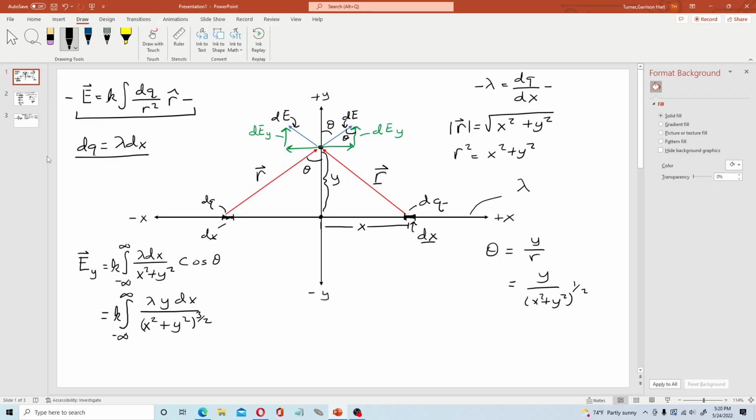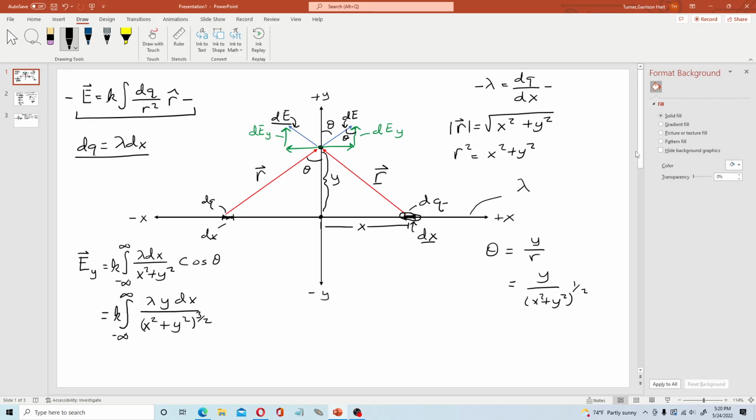And when you have an infinite line of charge, what you can do is exploit some symmetry. Now remember that since we're assuming our line is positively charged, the electric field contribution from this little tiny sliver of charge dx right here is going to contribute field dE, this blue vector.